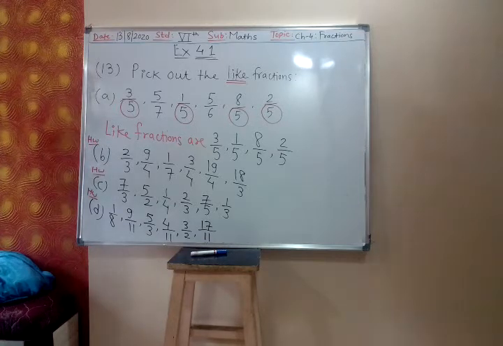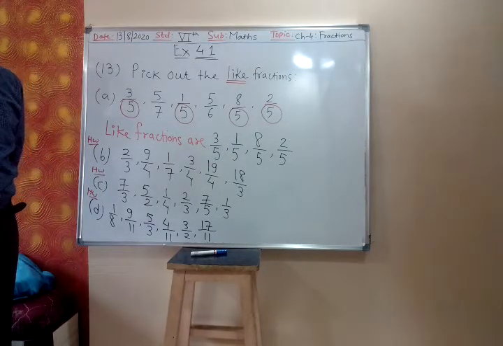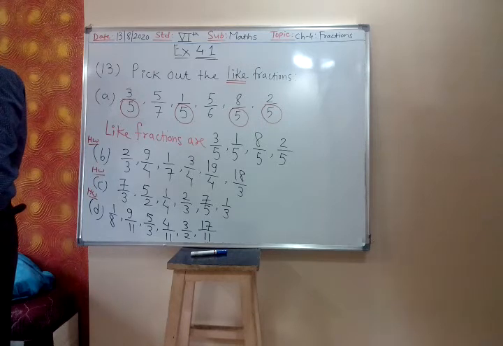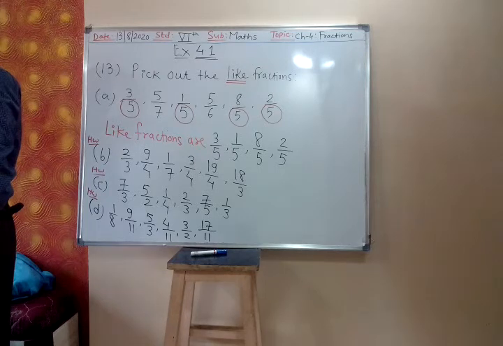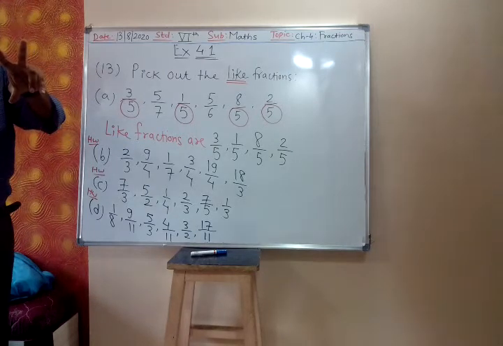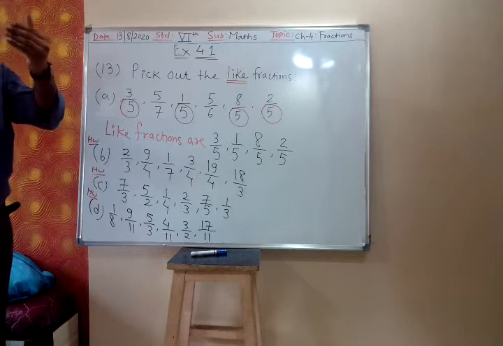So pick out the like fraction. Like fraction means same denominator. Whenever two fractions have same denominator, those fractions are said to be like fractions. And to add or subtract any two fractions, we can do so only when we have like fractions.